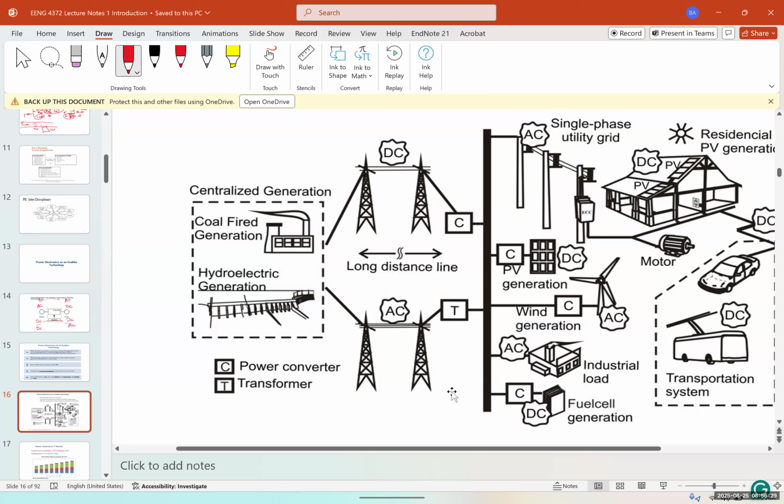It could be from coal, nuclear, renewable energy, hydroelectrics, solar, anything. We have two main sources of transmission. It could be a high voltage AC or a high voltage DC, or what we call the HVDC. High voltage DC is usually for anything above 500 miles.